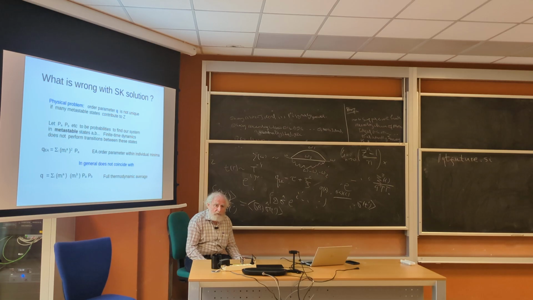But in fact, we can find a system in many different states, a very large number of them, which are not related by any symmetry. And this feature is not captured by an attempt to describe the order parameter via a single number.